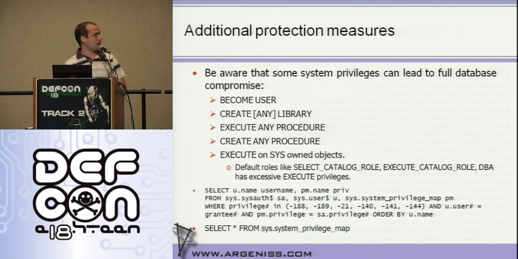Well, there are some additional protection measures that we can take. First, restrict the system privileges that can lead to full database compromise and the compromise of Database Vault, the become user privilege, and the other privileges mentioned there. This SQL statement can be used to retrieve all the users and roles that have these dangerous system privileges granted.